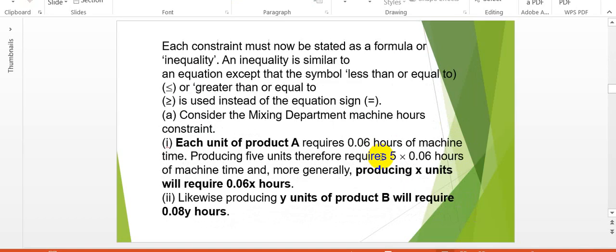Each constraint must now be stated as a formula or inequality. An inequality is similar to an equation, except that the symbol less than or equal to is replaced by an equal sign.